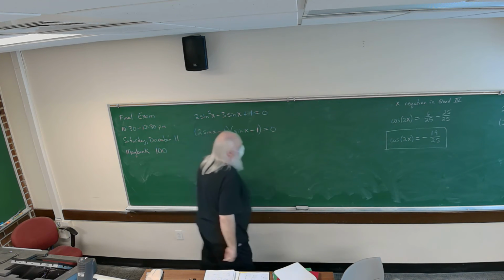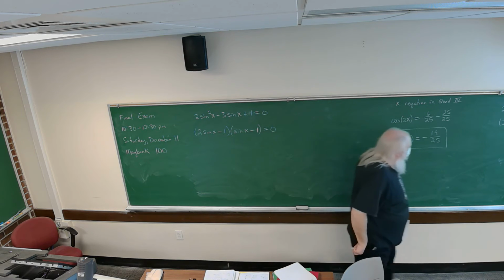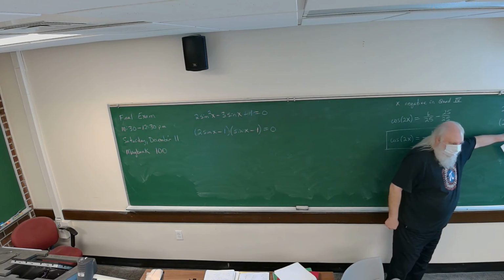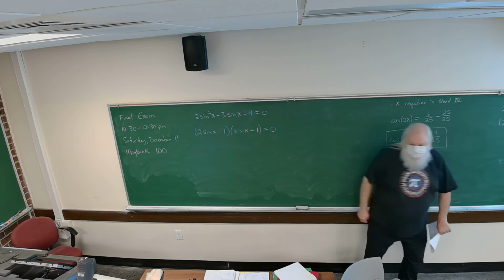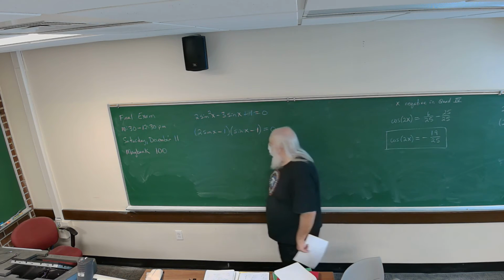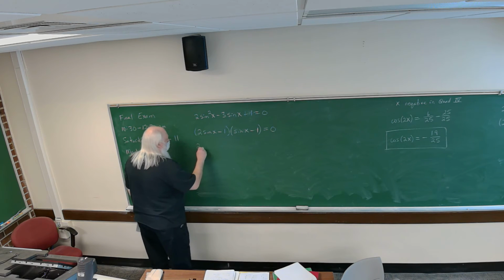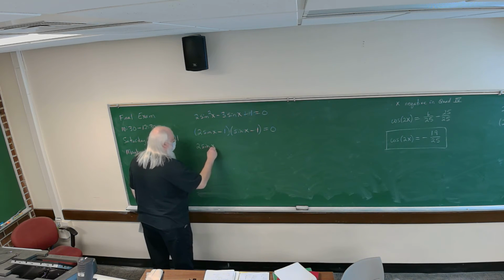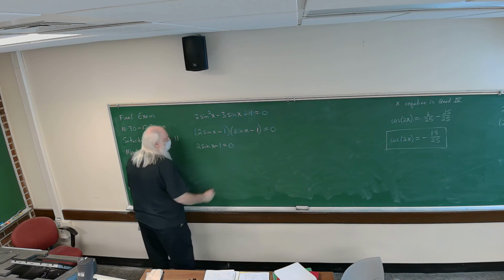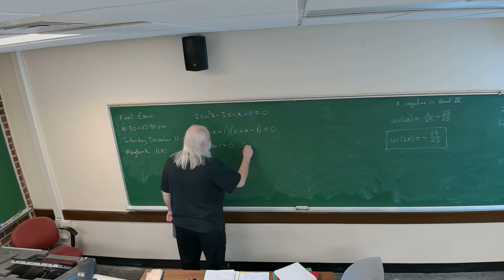The only difference between that over there and this over here is I have sine of x instead of x. Now by the zero product property, either the first factor is equal to 0 or the second factor is equal to 0.